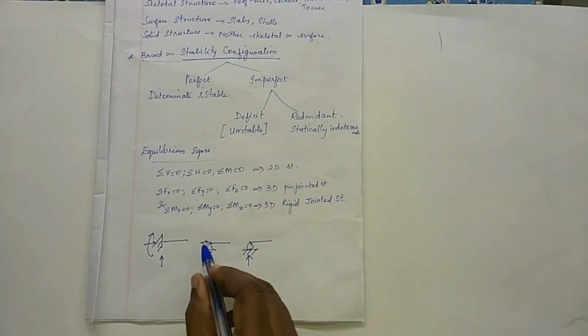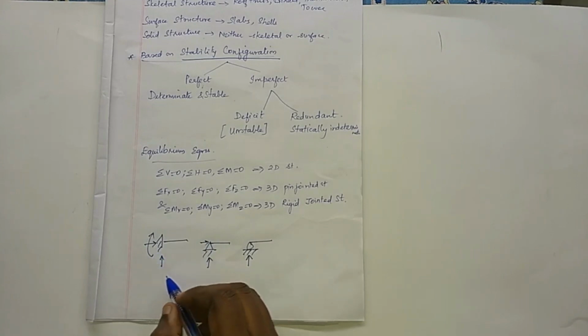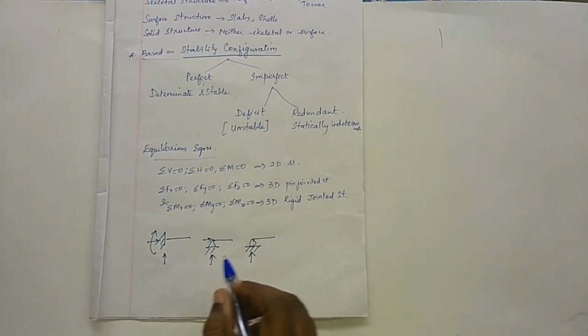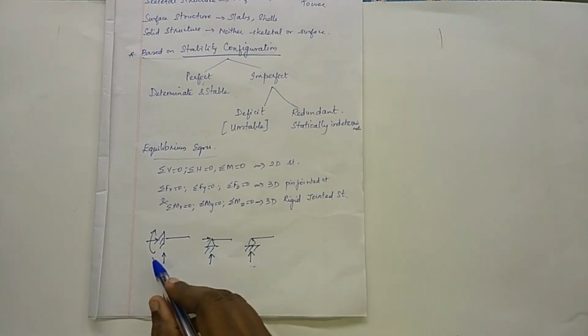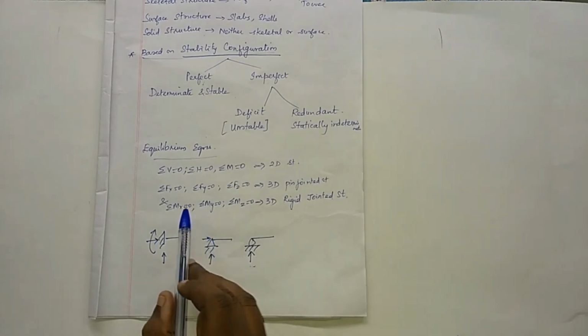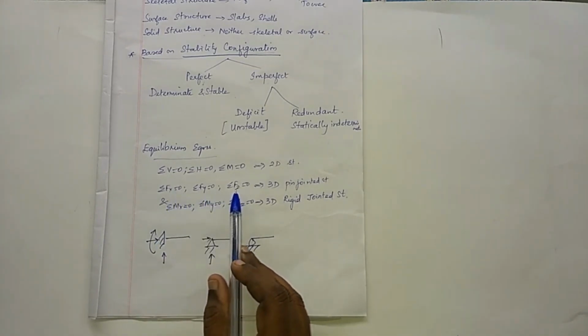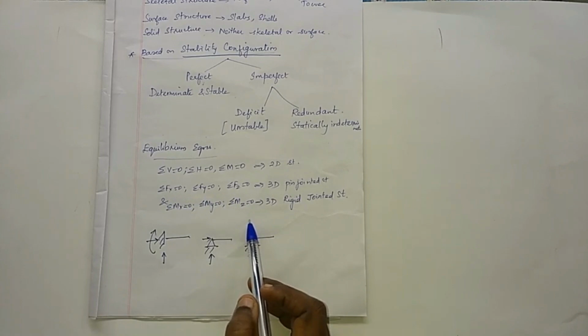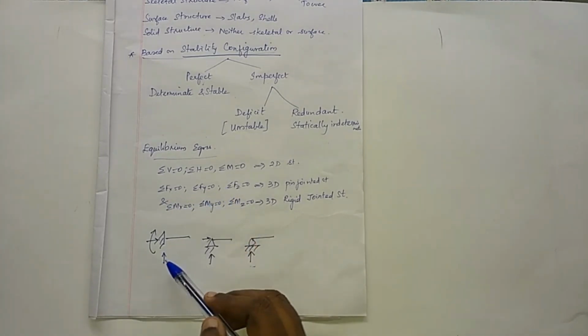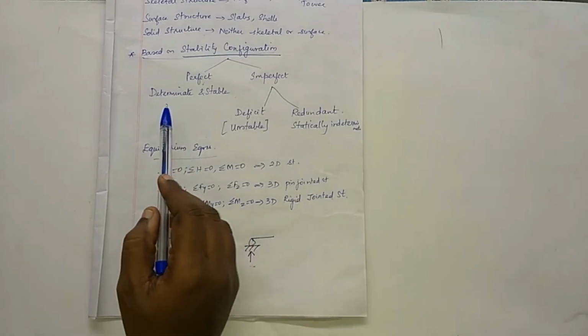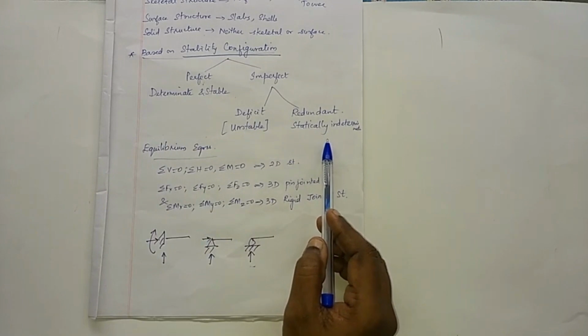These are the directions of restraint or the redundant forces. So to find the values of these unknown forces, we can make use of these equilibrium equations depending upon the type of structure. So we are going to relate these equilibrium equations and the unknowns at the support to tell whether the structure is a determinate structure or indeterminate structure.